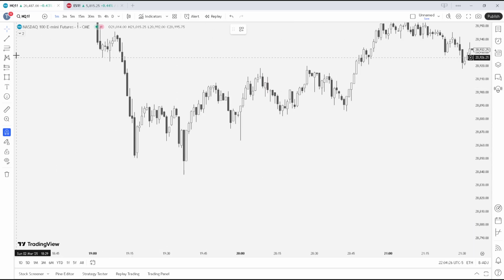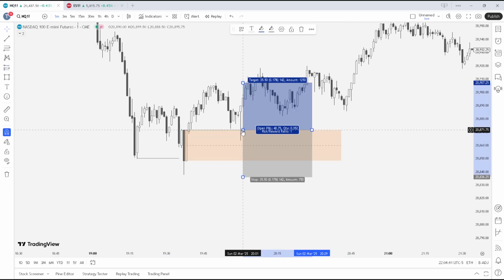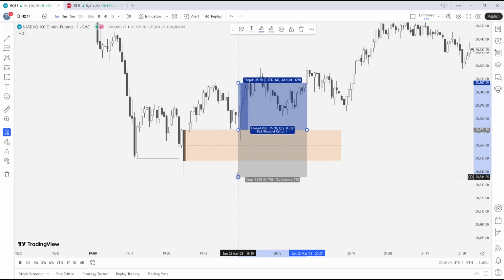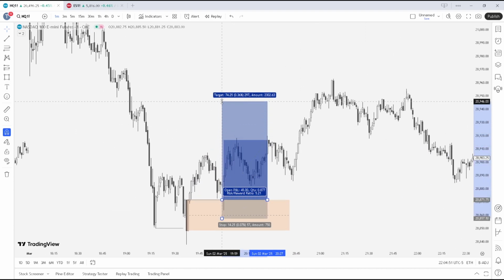All right, so let's take a look at this one. We have sell side and create this order block right here. So your mean threshold would be right here, and you can see we tap back into the order block. If your stop was below the mean threshold, it would be right here, and then you can target buy side up here.